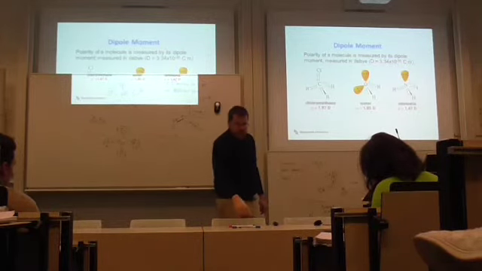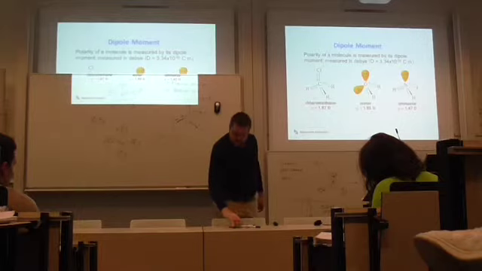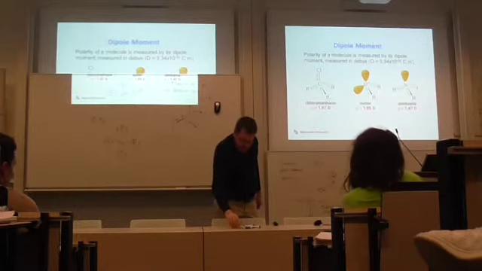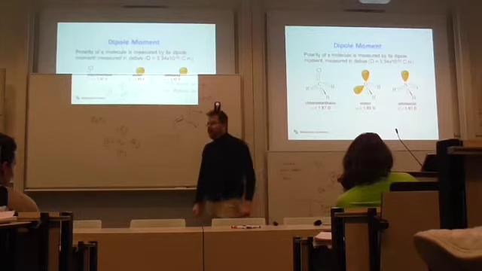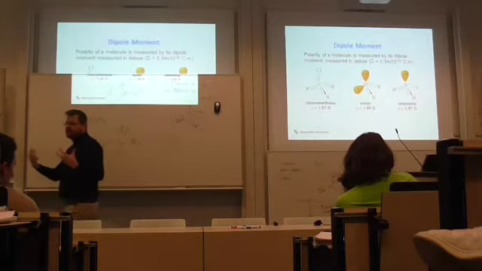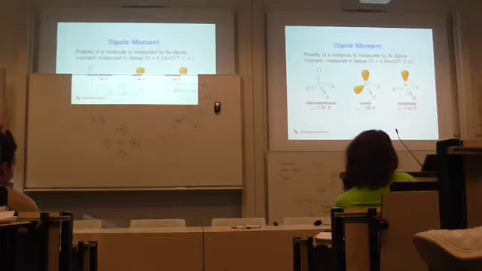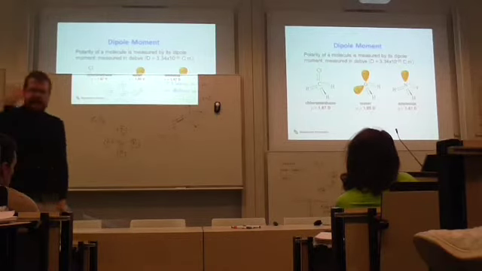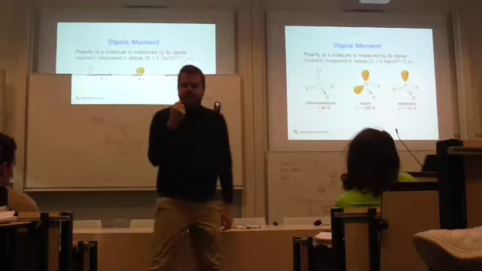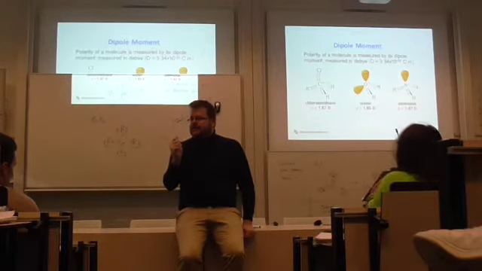Each of these bonds is polar, and if I add them up, one after the other, I end up where I started. The result is 0. It's non-polar. So polarity of bonds and polarity of molecules are two different things, right?